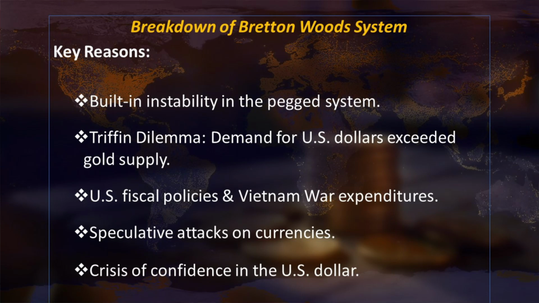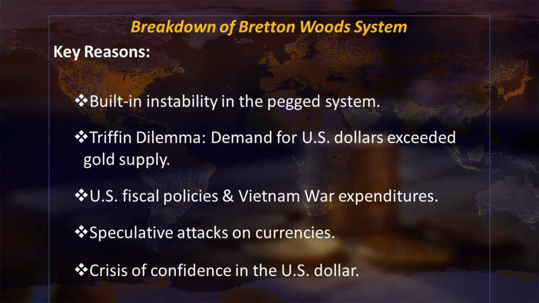Another important factor which led to the breakdown of the Bretton Woods system is the lack of international liquidity. Increased demand for the dollar, because the dollar is a common currency, led the US to print more money, decreasing its value in the international market.